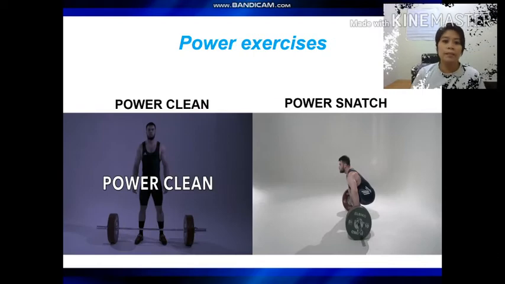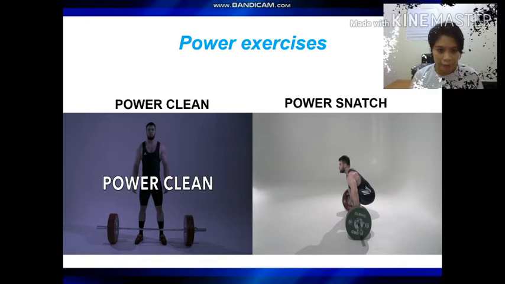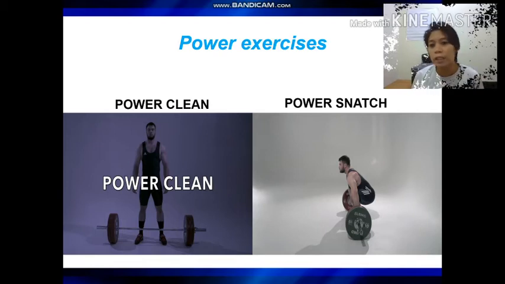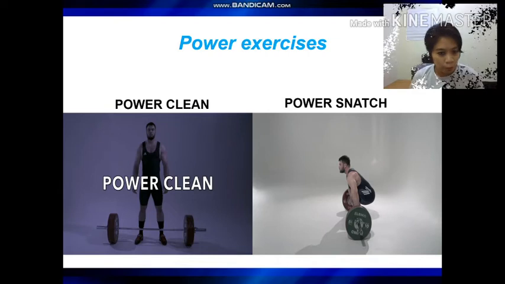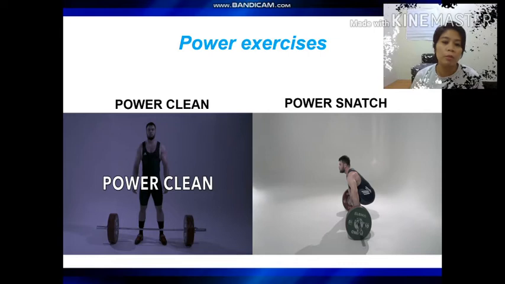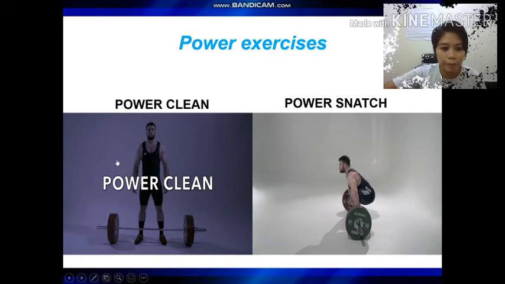Okay, and then this one is our power exercises, the famous ones, power clean and power snatch. Some of you might be familiar doing it, because it needs a skillful performer to perform it correctly, as it involves explosive and powerful movement. Let's take a look.